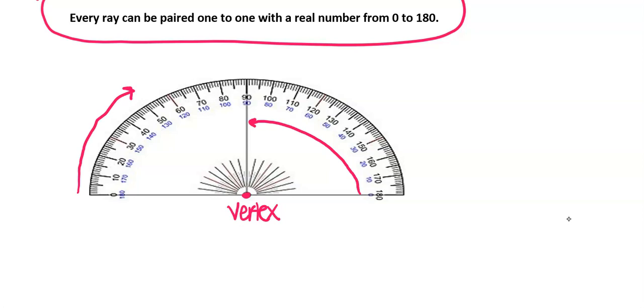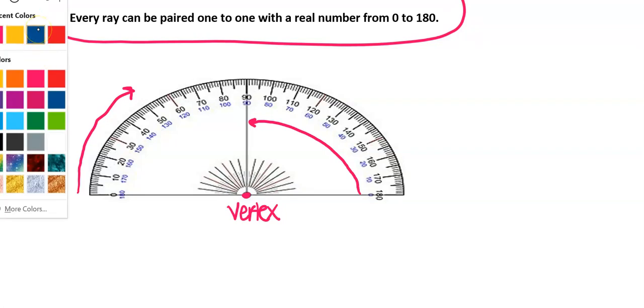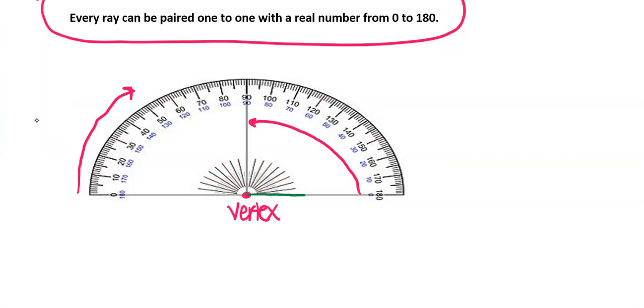So really it depends on how you have your protractor on your paper, but make sure you're always going from where 0 starts. So if your angle was here, let me do that in a different color. If you had an angle right here, this is where the angle starts. So that would be where your 0 is.